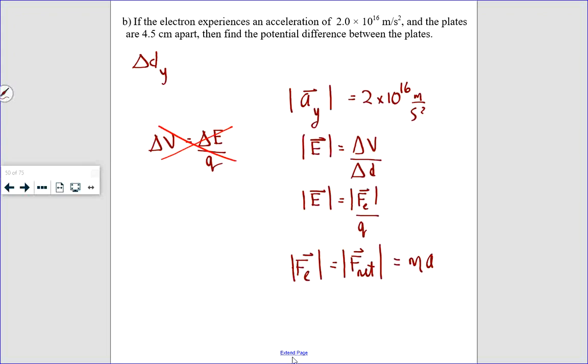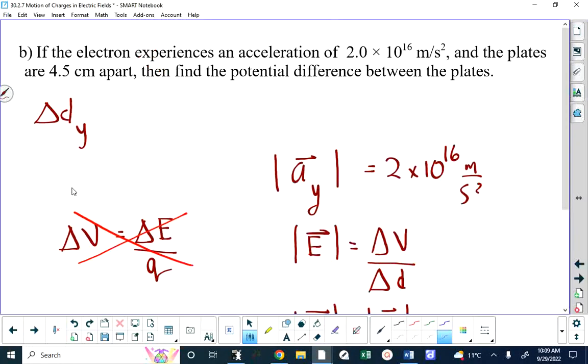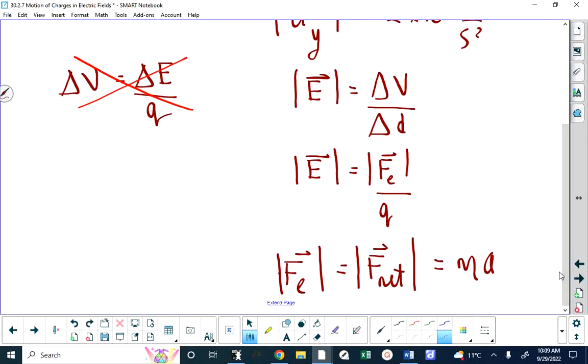That's the electric force. I can divide that by the charge to get the electric field, and then I can multiply that by the distance to get the voltage. And what I would tell you is, all of these formulas are little chippy formulas. 3 variables, and there's a fraction someplace maybe.